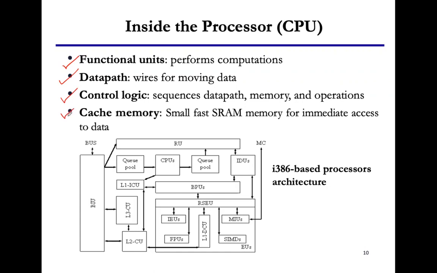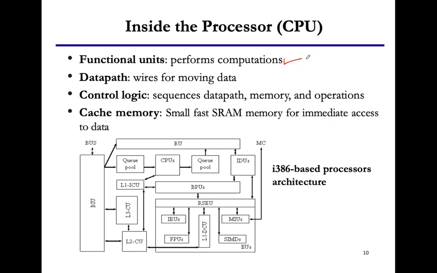So inside the central processing unit, first are functional units, data paths, the control logic and cache memory. Functional units are used to perform the computations, all the arithmetic and logical operations are going to be performed using the functional units.